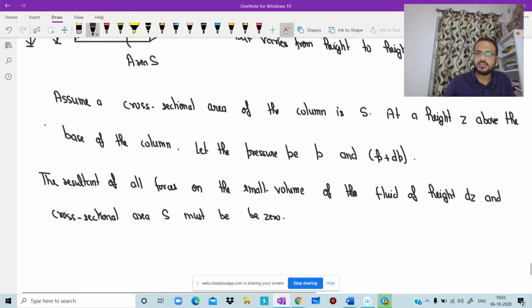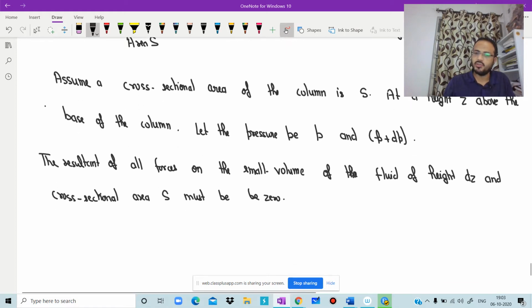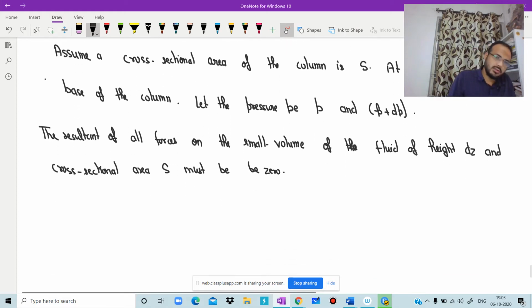So we have three forces. One is pressure P, second one is P plus dP, and third one is due to gravity. So we have three vertical forces.